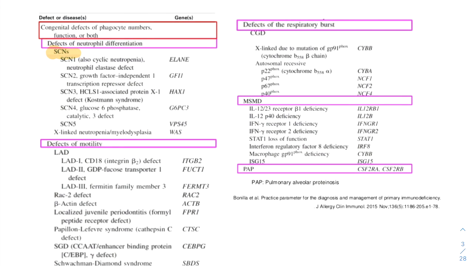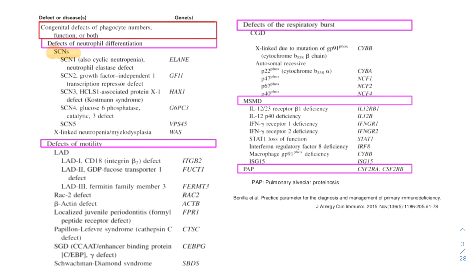So, severe congenital neutropenias are the neutrophil defects present since birth, affecting the differentiation of neutrophils and thus the phagocytic function.